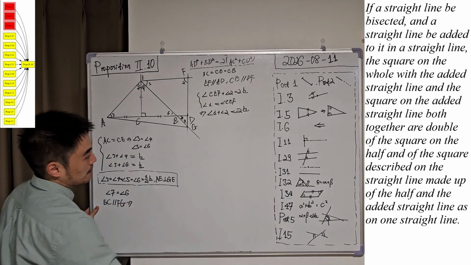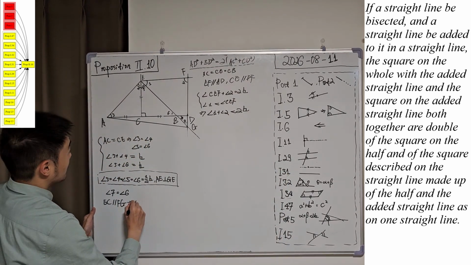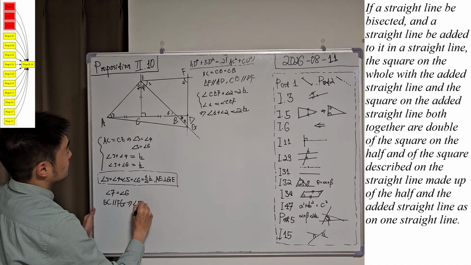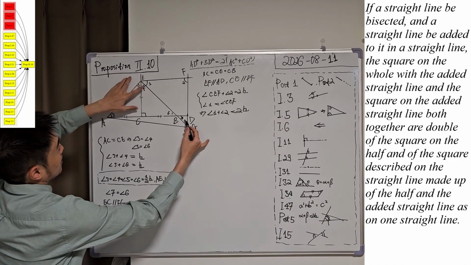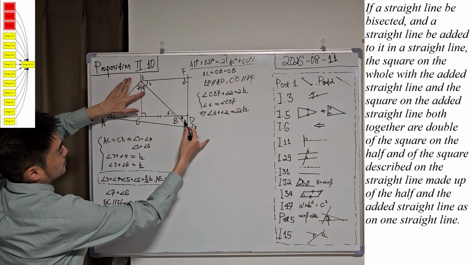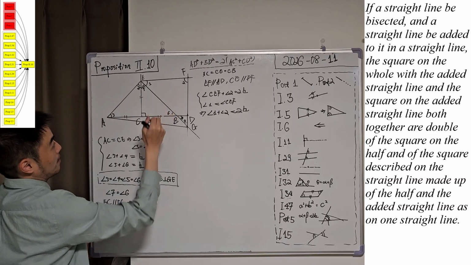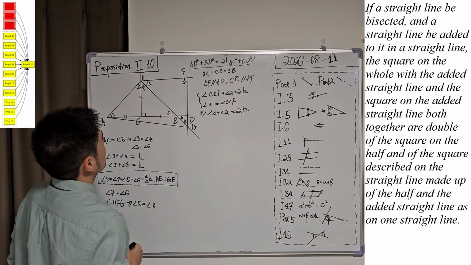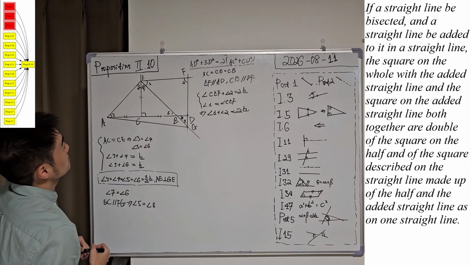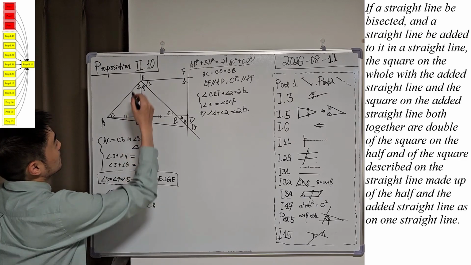And if we apply proposition 29, we know that angle 5 will be equal to angle 8, correct? Because they are alternate interior angles lying between two parallel lines. Okay, so they are equal. Great. So let us have a look at angle 1.